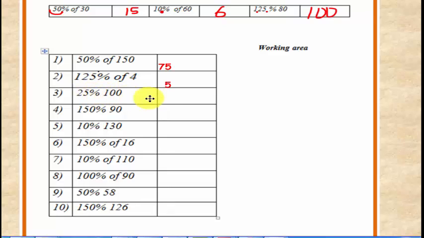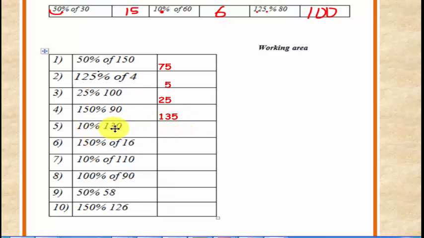What's 25% of 100? Oh, that's an easy one, right? Cakewalk. 25. Oh, another big one. 150% of 90. Now remember, you took your decimal point, moved it to the left 2 positions, so you multiplied 90 times 1.5, and your answer was 135.